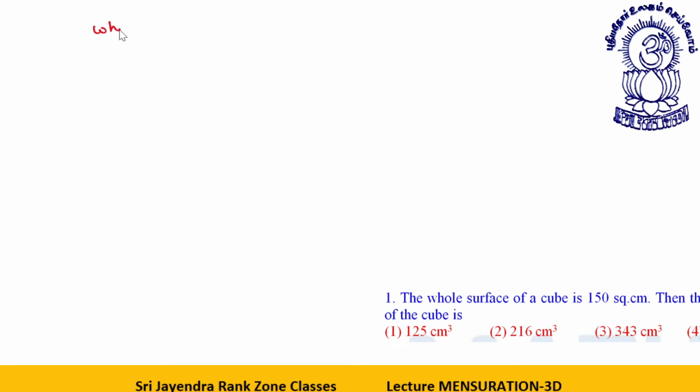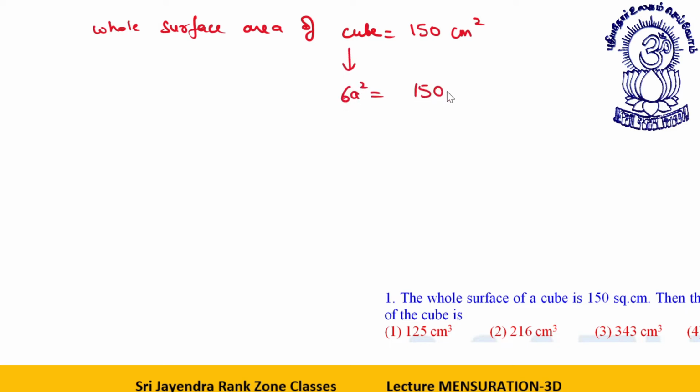Whole surface area of cube. This is given to you as 150 centimeter square. This is actually what? This is 6a square. So I can say a square is 150 divided by 6, or a square is equal to 25.